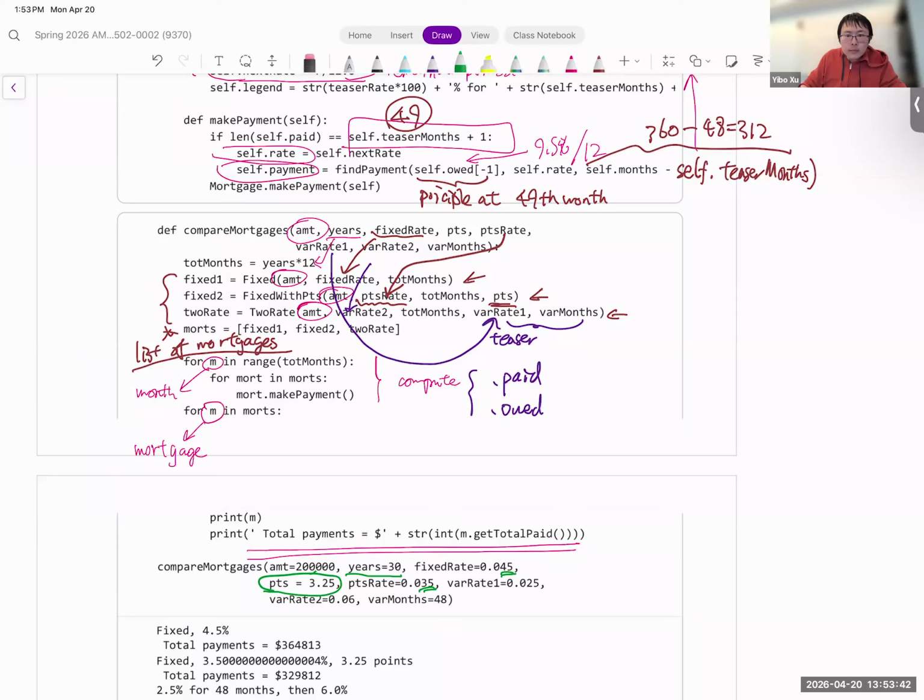All right. At the location here, var rate 1 is my 0.025, 2.5%. And var months. What's nice about a class or the inputs of a function is that as long as you specify the input variables directly, the order doesn't matter that much for your inputs.